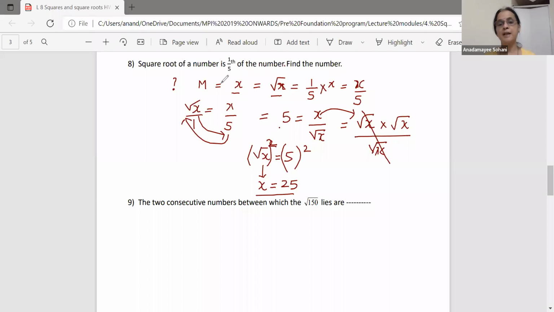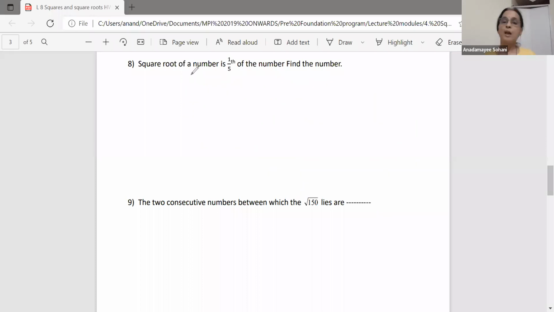Now my method 2. I'm a little smarter. I want to find the square root of the number. So can I consider the number as x square? Let the number be x square and then its square root will be x.